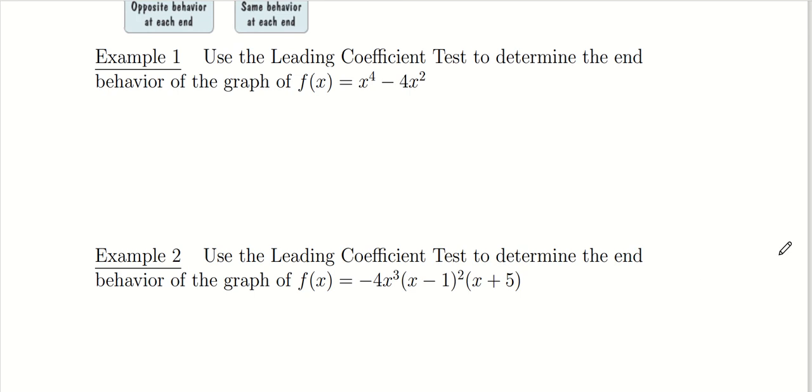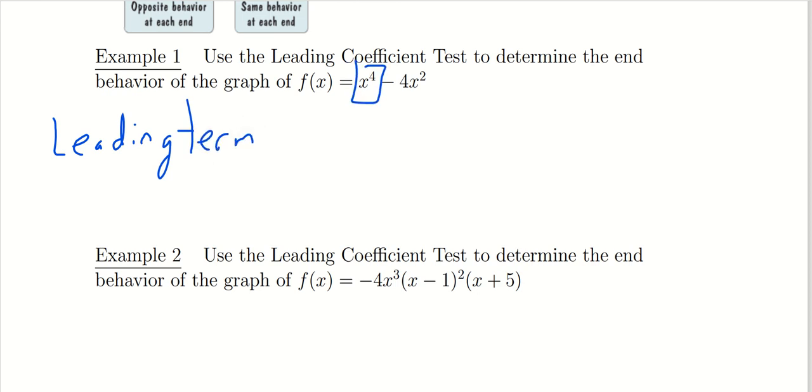Let's use the leading coefficient test to determine the behavior of the graph of the polynomial f of x equals x to the 4th minus 4x squared. So we look at it, we see that the leading term is the x to the 4th.